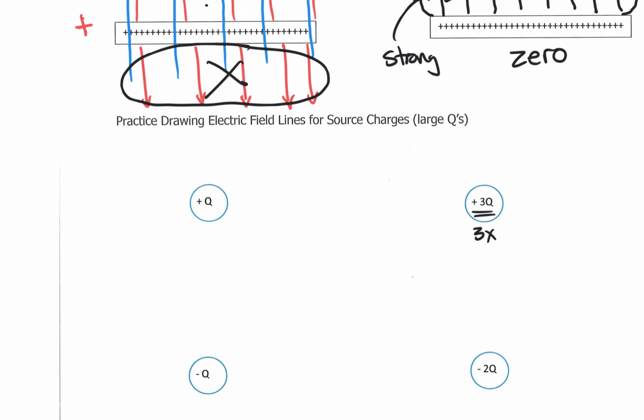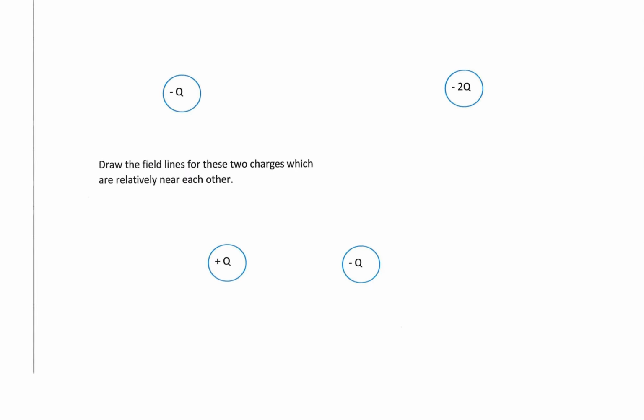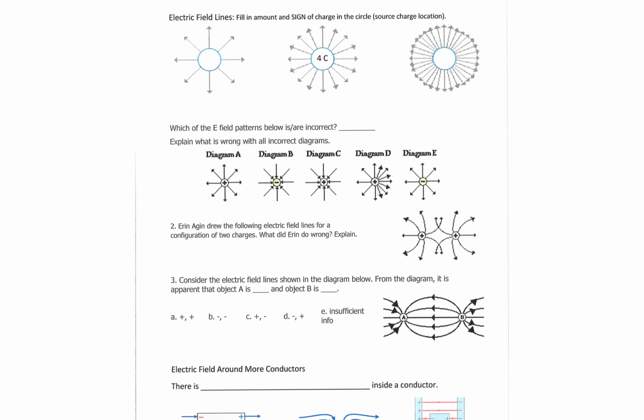You are going to practice and complete this part, remembering that field lines go out of positive. They go in toward negative. Okay, now this is a system. I want you to see if you can just use the previous page to draw your best version of what would happen to the field lines between a positive and a negative. And you can look back on the previous page if you want.